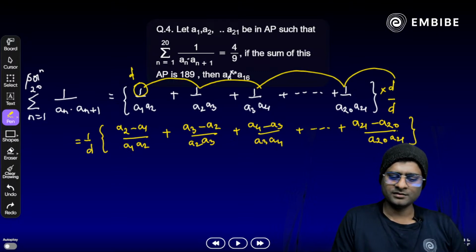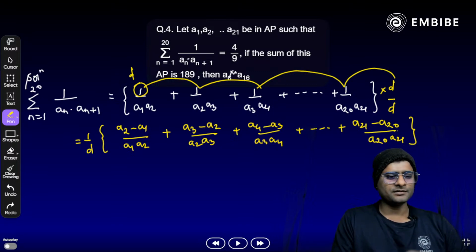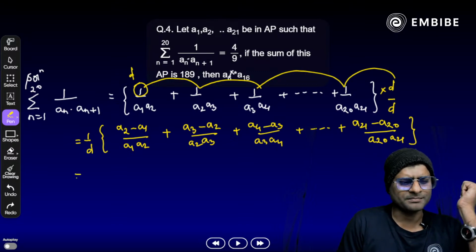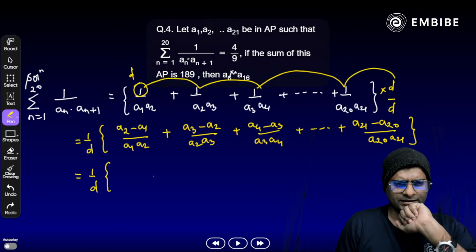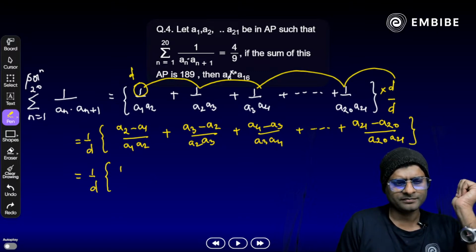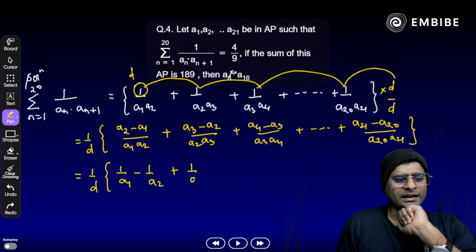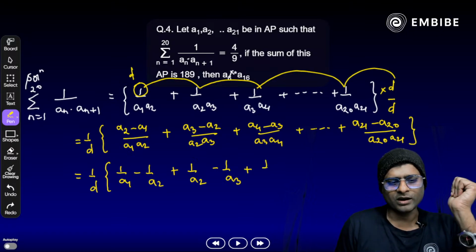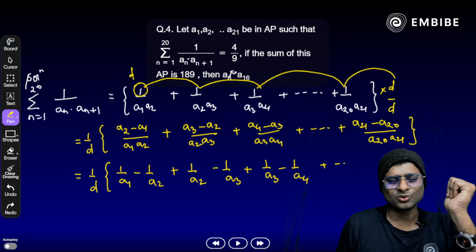Okay, all right, now focus on the next step here. What we need to do here, just do the simple calculation. आपको बस divide and multiply करना है. What we get here, yes, once we solve 1 by a1, correct, a2 will cancel out, 1 by a1 minus 1 by a2 added to 1 by a2 minus 1 by a3 added to, yes, 1 by a3 minus 1 by a4 and so on.